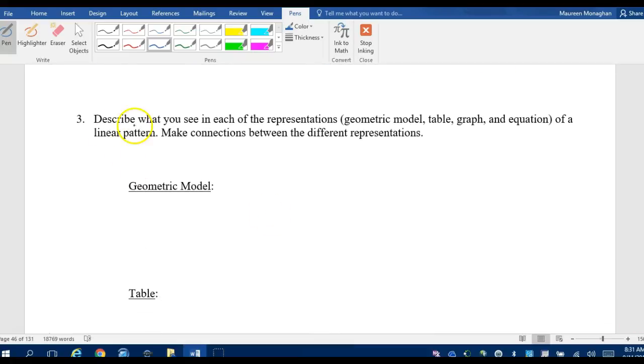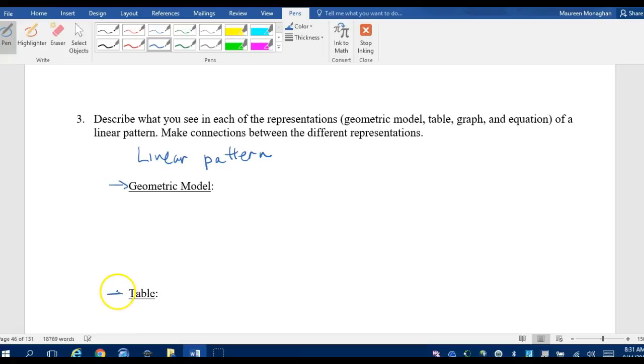Okay, describe what you see in each of the geometric representations of a linear pattern. Make connections between the different representations. So I kind of just gave you some hints on the previous one. In order to be a linear pattern, what's a requirement for a geometric model?